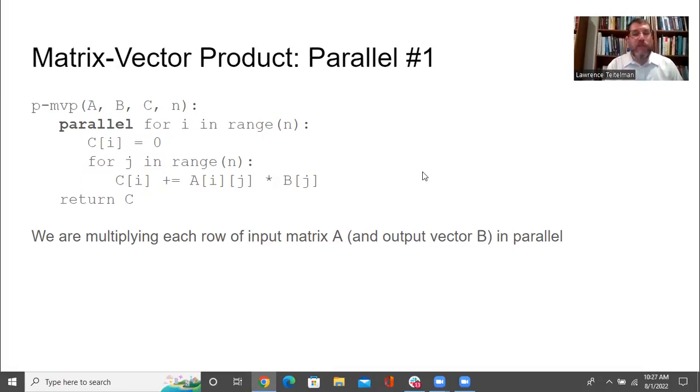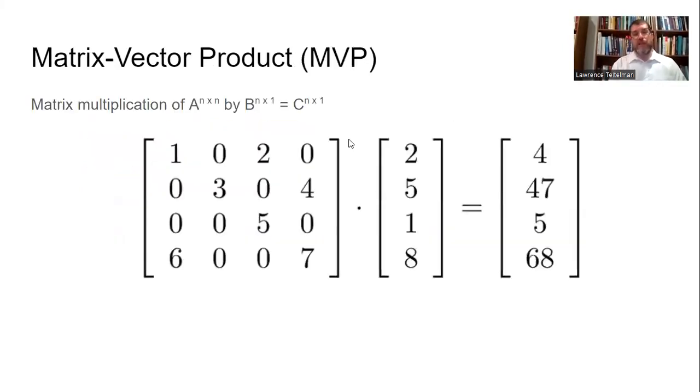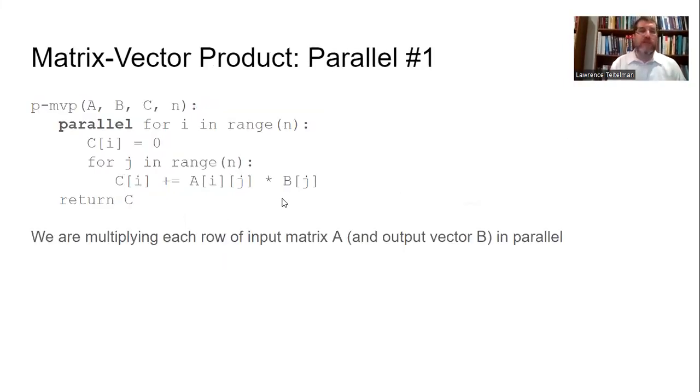So that's the problem with this code on the surface: we are trying to take whatever sum we have and increment it by some value, and we're afraid that one of them is going to step on the toes, as opposed to the outer loop. Each row of this is completely independent of the other rows, so there's no risk of them stepping on each other's toes.